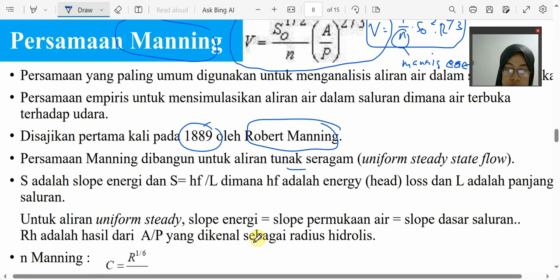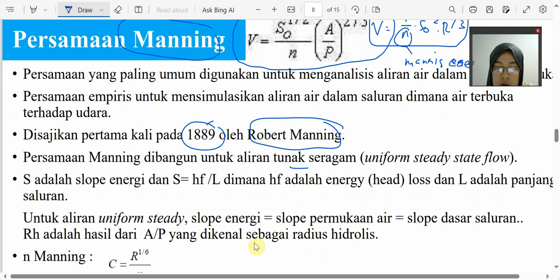So I already mentioned that Manning used uniform steady state flow assumptions when he created these equations. And if we talk about uniform steady state flow, we know that the slope of energy is equal to the head loss over L. So it's almost similar to what we already talked about in the first slide.